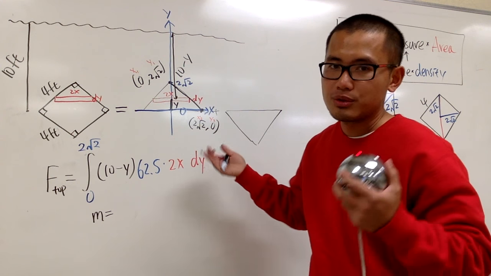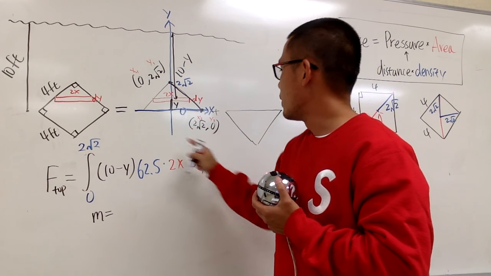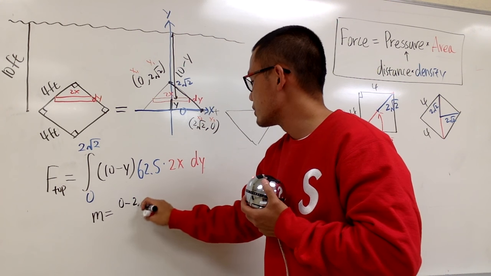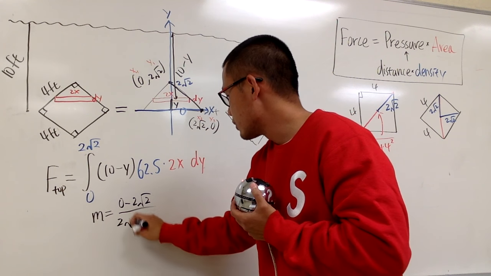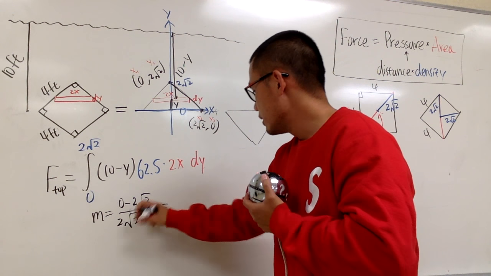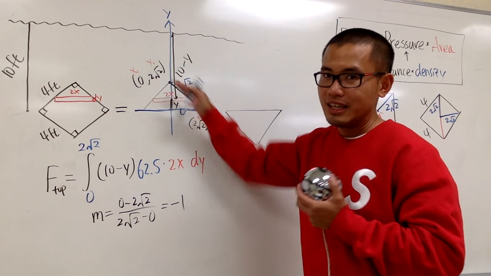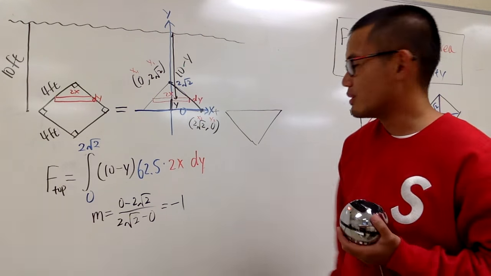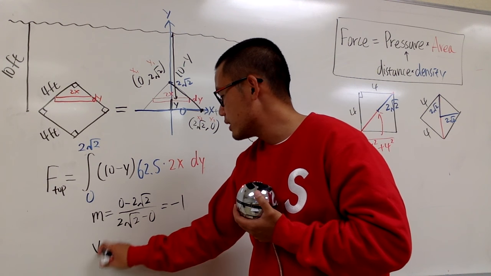So the good algebra, you should know how to do that, right? Anyways, y2 minus y1, which is 0 minus 2 square root of 2, over x2 minus x1, which is 2 square root of 2 minus 0. You get -1 altogether. And in fact, you know this is slanted 45 degrees, -1. That's fine too.